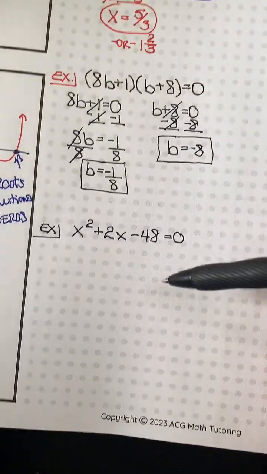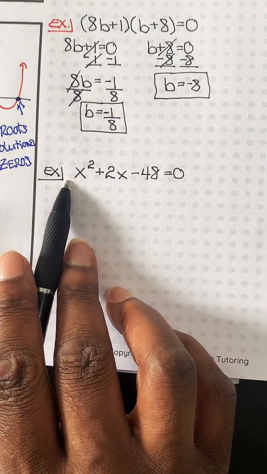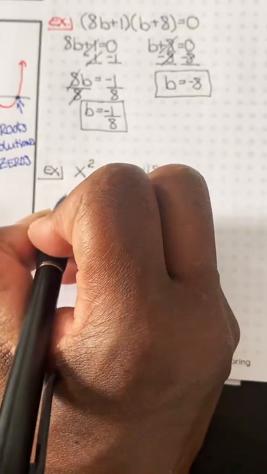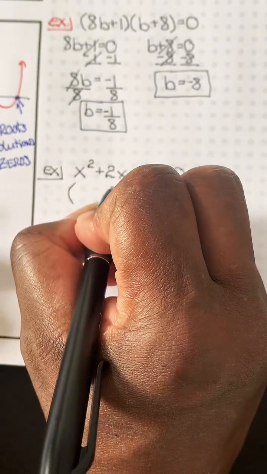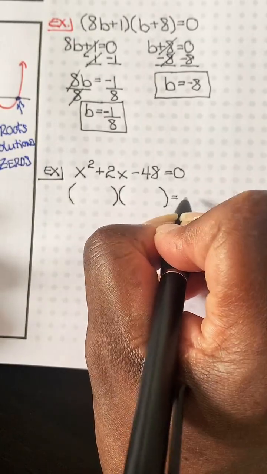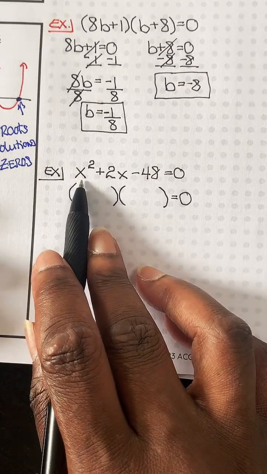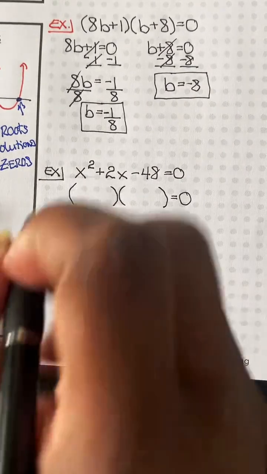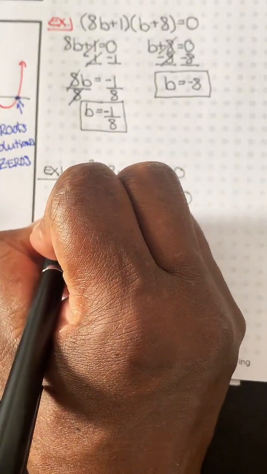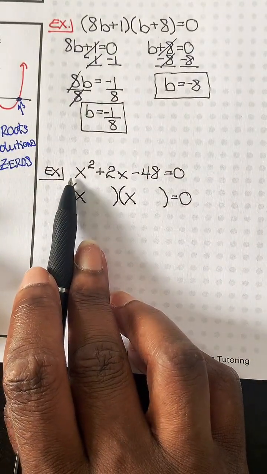So, looking at this, my leading coefficient is 1. When I see that, I automatically draw my two parentheses. And then we split our x's. This goes for any time your leading coefficient is 1.